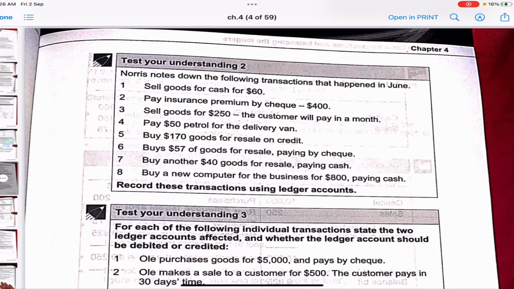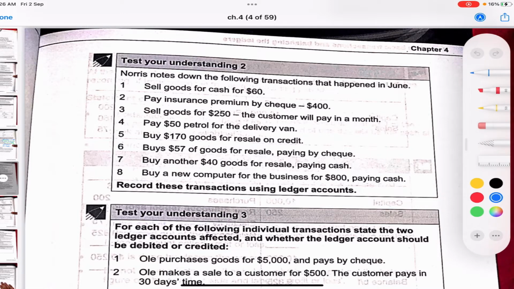This is the first one. We need to record these transactions in the ledger accounts. What are ledger accounts? Ledger accounts are the T-shaped accounts which we have done. So now you know that you need to form the journal entry and then put it down in the ledgers, right? So let's first form the journal entries so it will be easier. I'm not going to explain the reason because I'm assuming that you know it all.